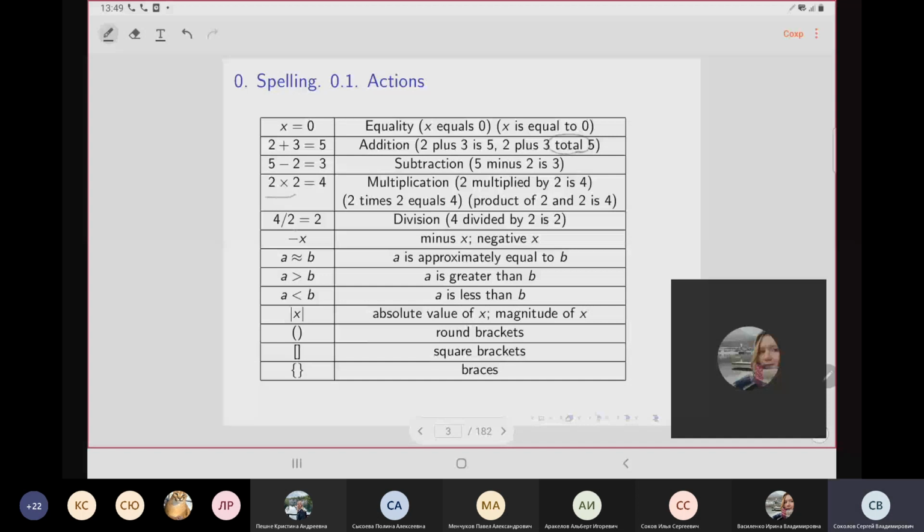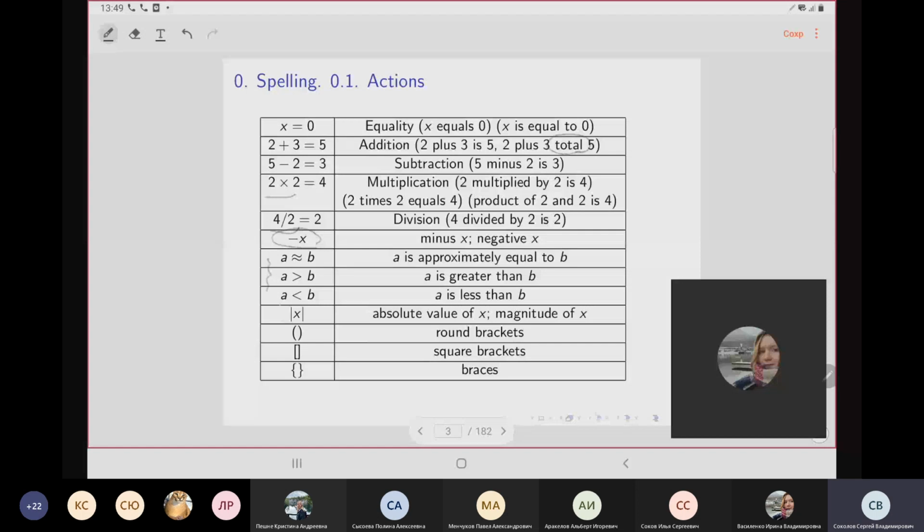Next is the division. Next one is negative numbers. We say minus x or negative x. Next, when a is approximately equal to b, or a is greater than b, or a is less than b. These are these actions.